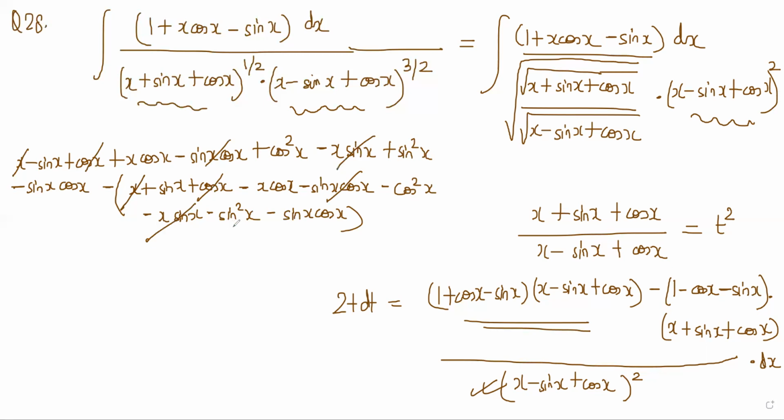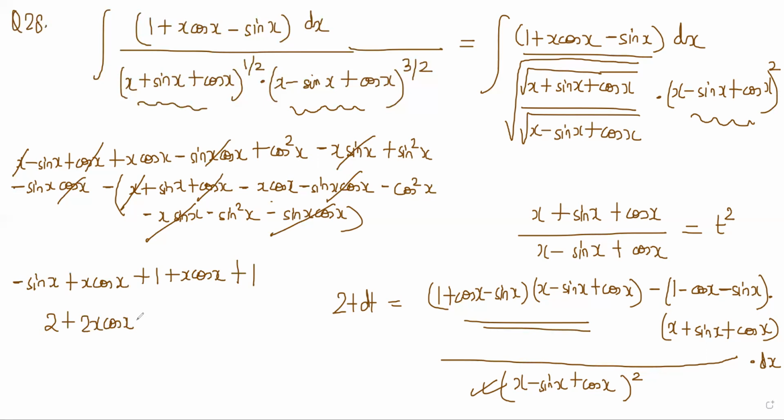Plus sine square x doesn't cancel, and plus sin x cos x cancels this one. So what we are left with here is minus sin x plus x cos x plus cos square plus sine square, which is plus 1. And you have plus x cos x from here and plus cos square plus sine square, which is plus 1. So we get 2 plus 2x cos x.